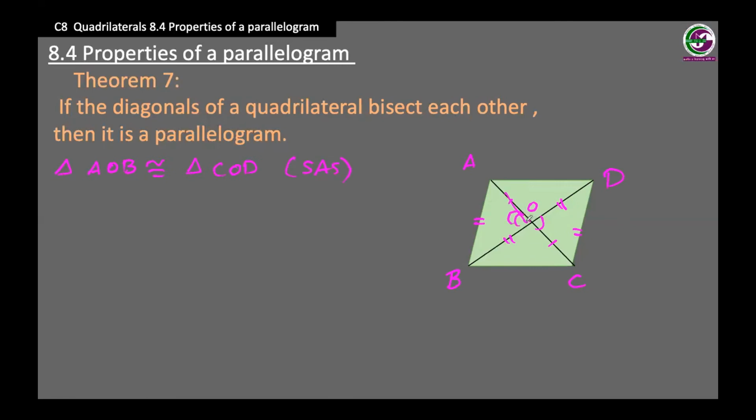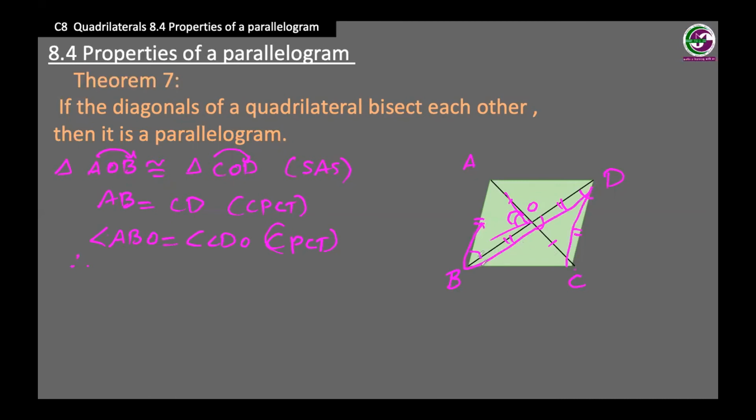Side, angle, side. Okay, so we can see that AB is equal to CD, by CPCT. And we also have angle ABO, which is this angle, equal to angle CDO by CPCT again. Which means, therefore, we can see the Z shape here.